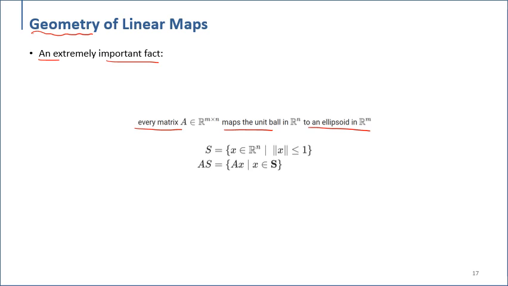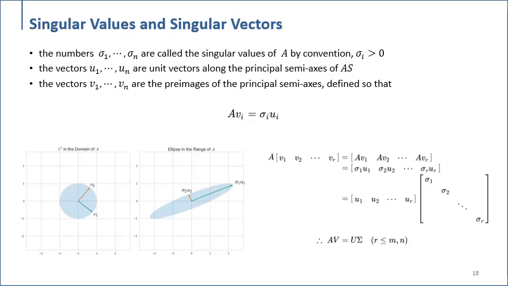For any vector in the unit ball in R^n space, any vector can be transformed to an ellipsoid. So here S is the set of these vectors. Based on this, let's learn in detail about singular value decomposition.